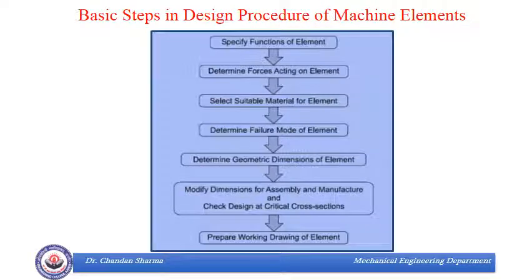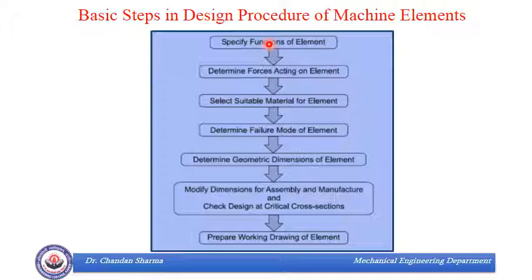Now, let us talk about the design procedure of a machine element. This flowchart defines the process or steps in the design of a machine element. First of all, for the given component, we need to specify its function.